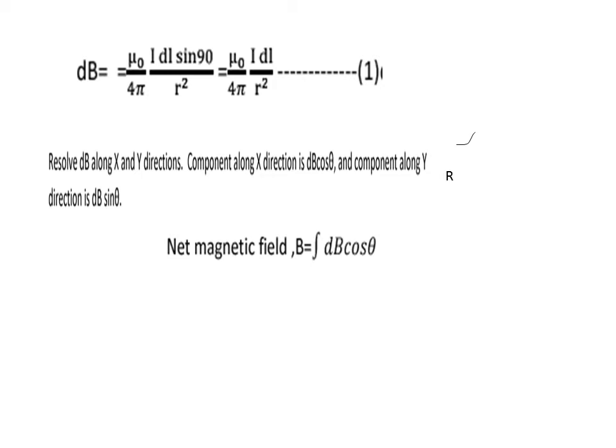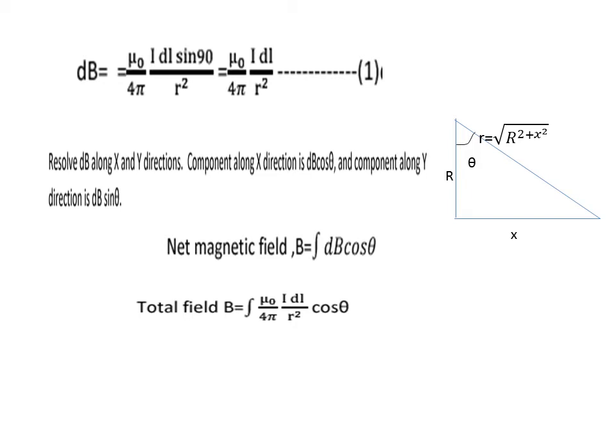Now we have to substitute the values of dB and cos theta. From equation 1 we have dB is equal to mu 0 by 4 pi I dl by r square, and for cos theta we have redrawn the right angle triangle from the first figure here. Cos theta is equal to capital R by root of R square plus x square.